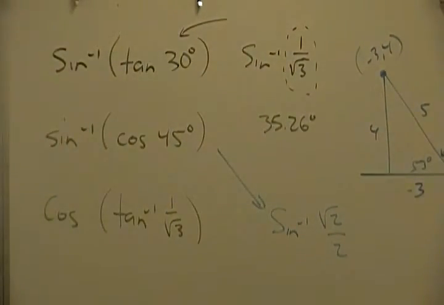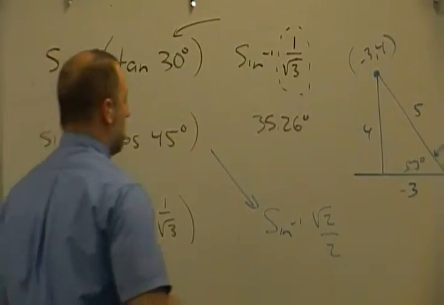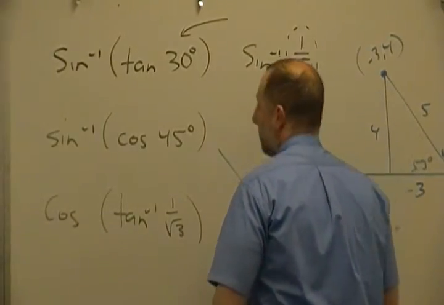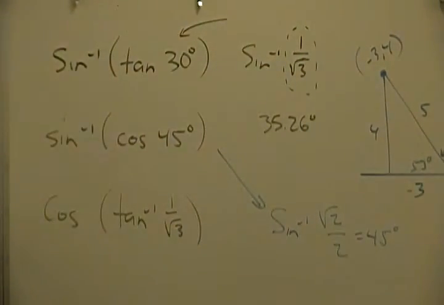That's the same as asking what angle for sine gives us a square root of 2 over 2? It's 45 degrees. That makes a lot of sense if you look at it, because on the unit circle, at 45 degrees, the two values are exactly the same. They're the square root of 2 over 2 and the square root of 2 over 2. Well, you're not going to be able to see that. I wish I didn't have my break in my board right here.